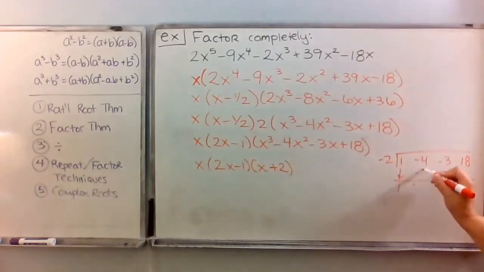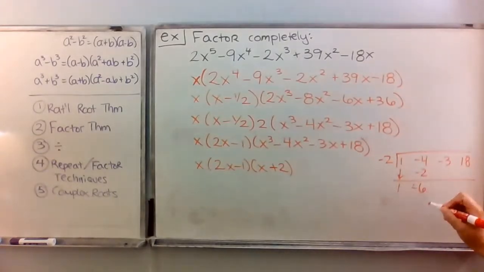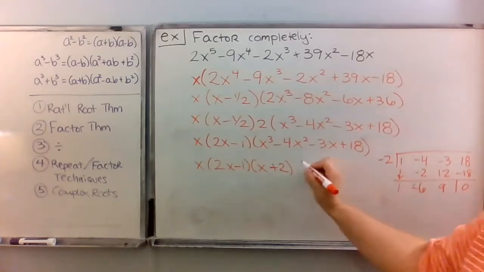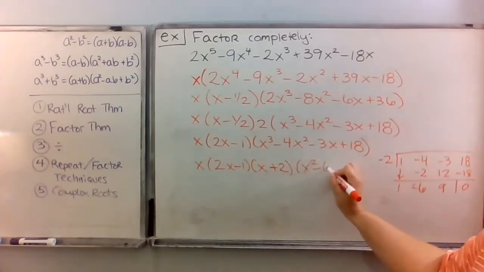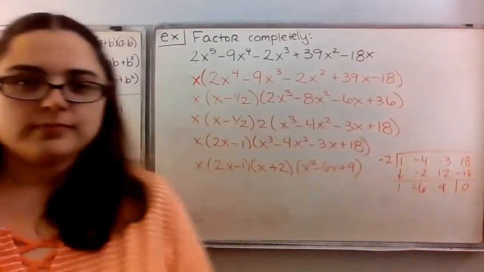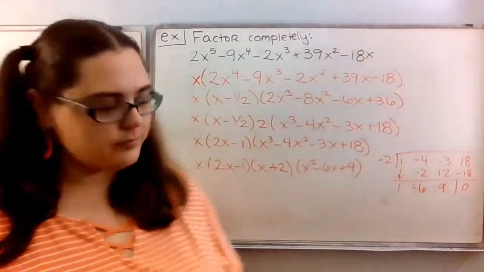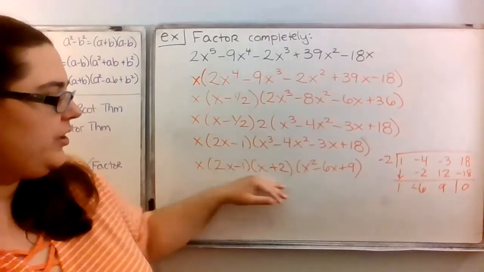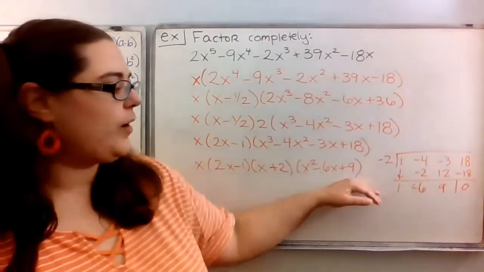So I'll give some negative 2. So this is going to give us x squared minus 6x plus 9. All right. So now we have linear factors and we have one quadratic.